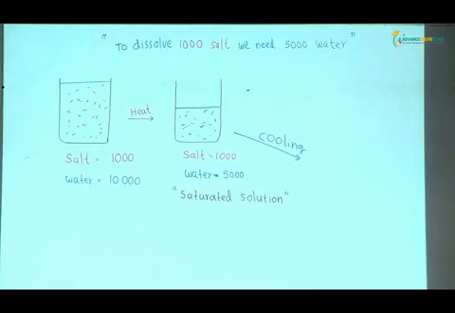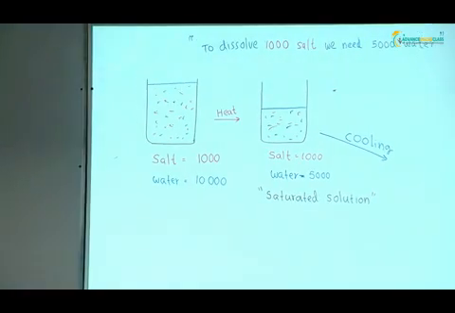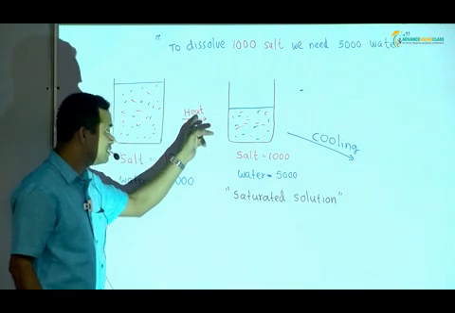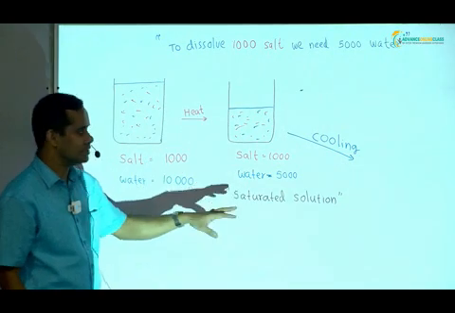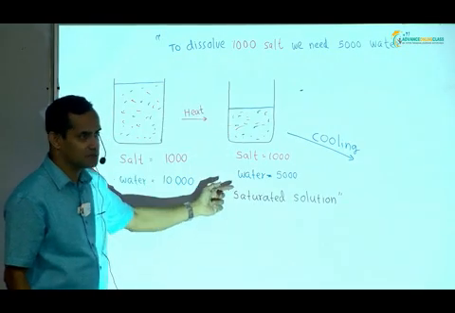You know, when temperature is going down, solubility of a solid also goes down. Solubility of a solid is high when temperature is high. In hot water we can dissolve more. We heated it, so this is a hot saturated solution.